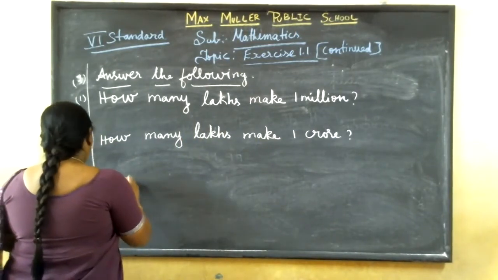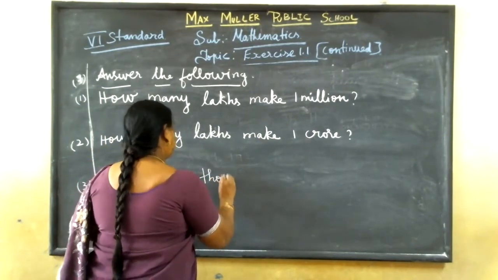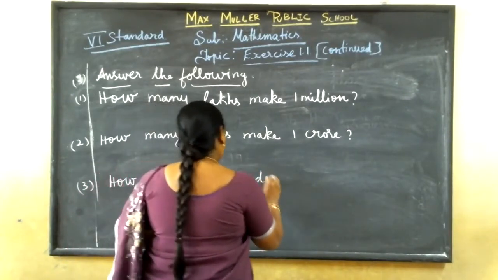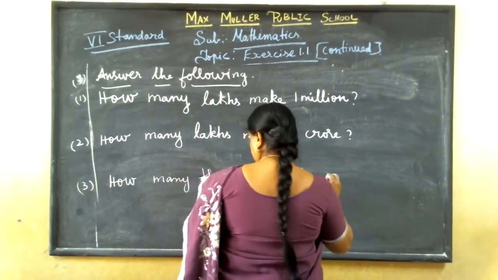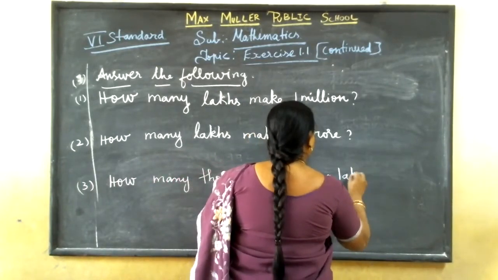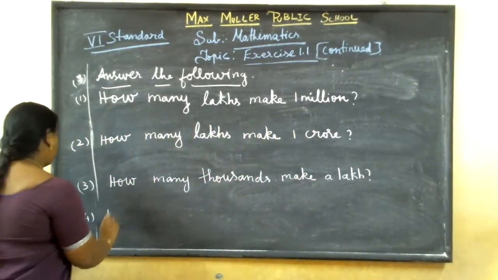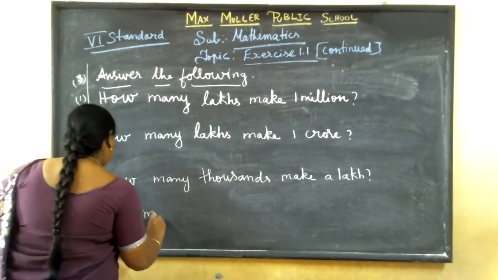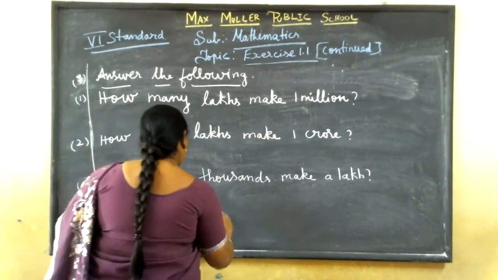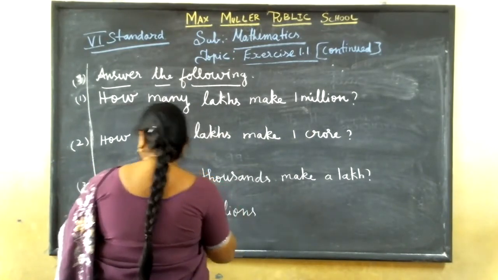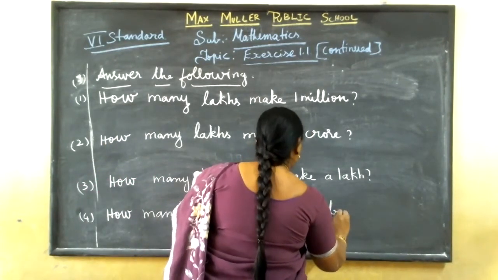So, how many thousands make a lakh? Next, fourth one, how many millions make a billion?